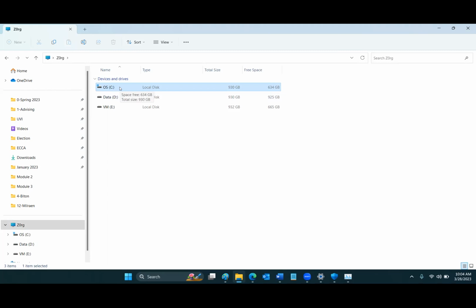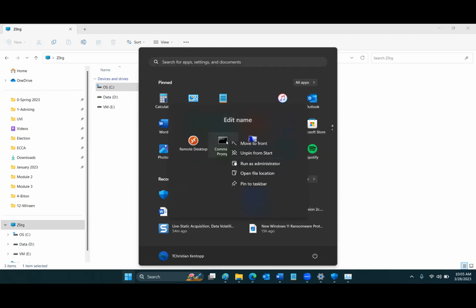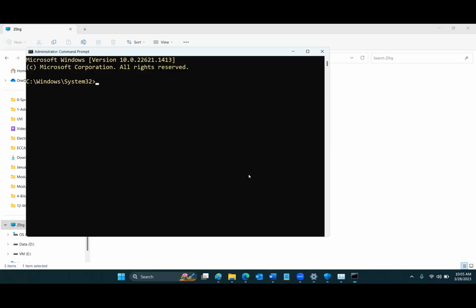So if I know the IP address of Zorg, I'm connected right now. Here's what I can do, and this is kind of scary. Okay, everybody with me?